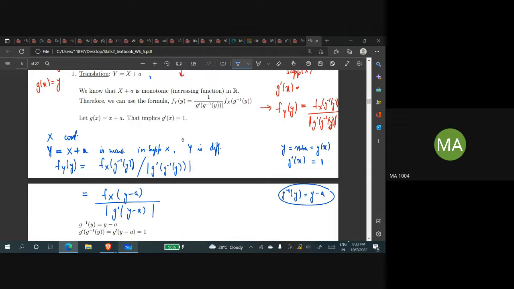Now, g of x equals x plus a, and g dash of x was 1, always 1. So even this g dash of y minus a will also be 1. So f_Y of y is nothing but just f_X of y minus a.